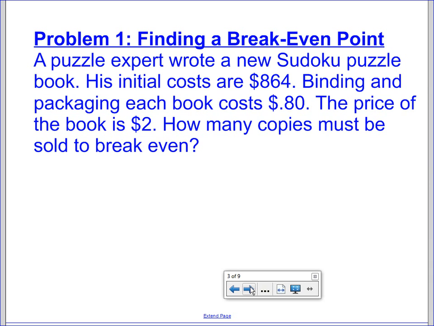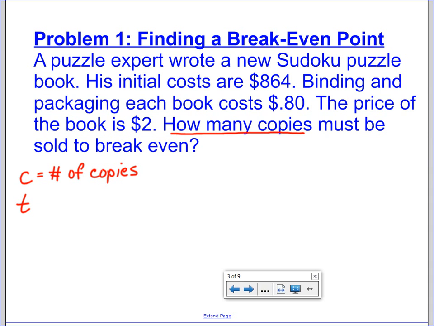All right, your first step in solving any word problem is to define your variables. So, for instance, what are the two things that we don't know? Well, the first one is how many copies must be sold. So let's use C to represent the number of copies. And then the other thing, which is a little more subtle but that we don't know, is what the total is.